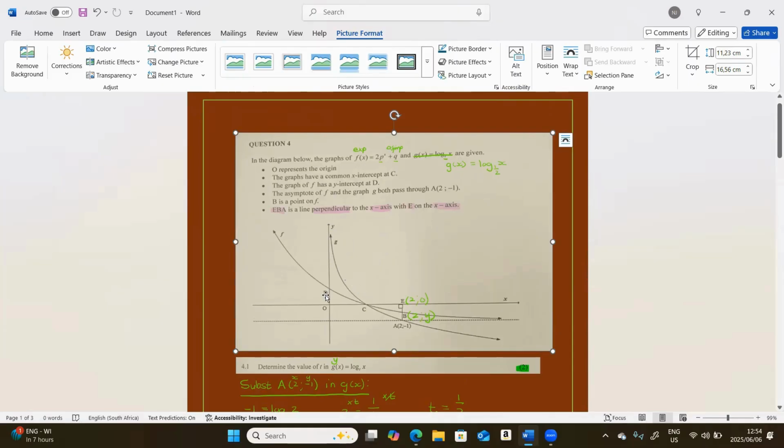And because it doesn't have a plus q value over here, it would always go through 1 on the x-axis. Okay, perfect. Basically there was no shift in this graph because there's no plus q value.